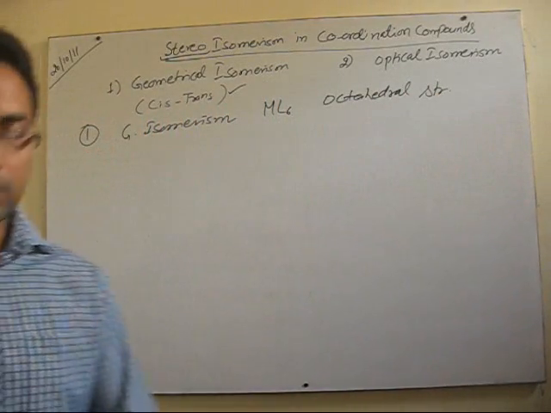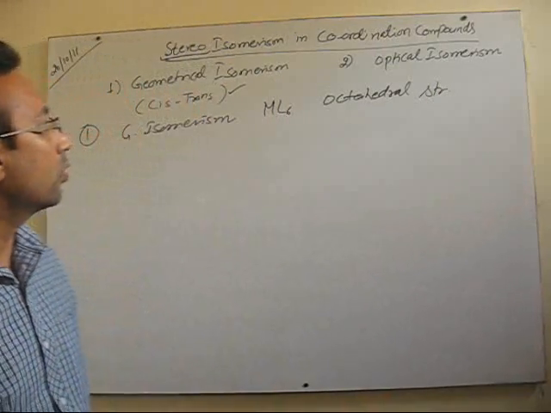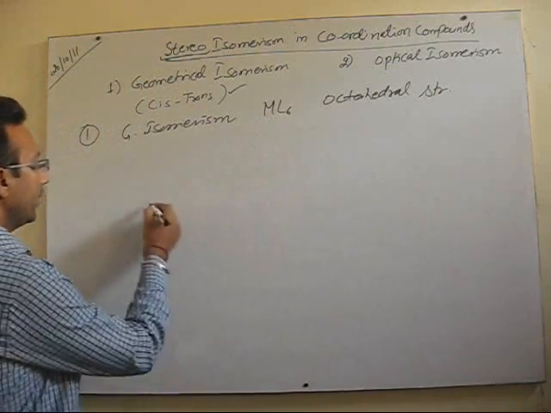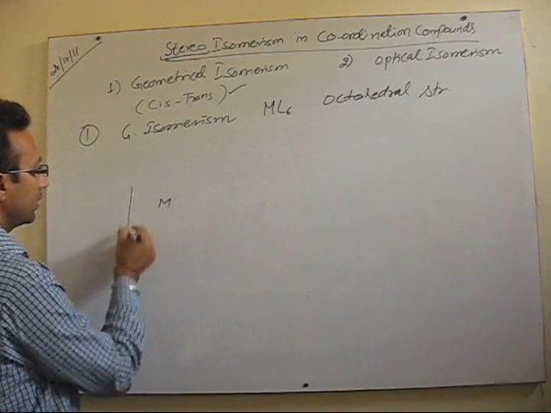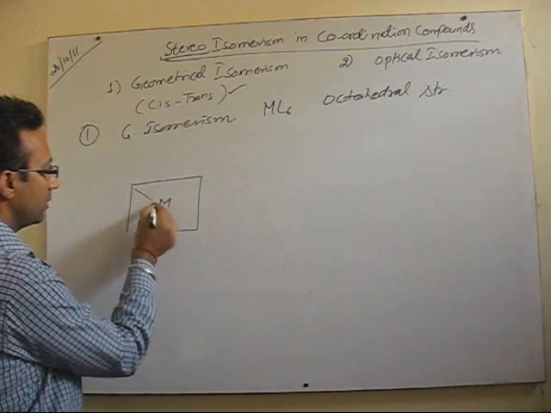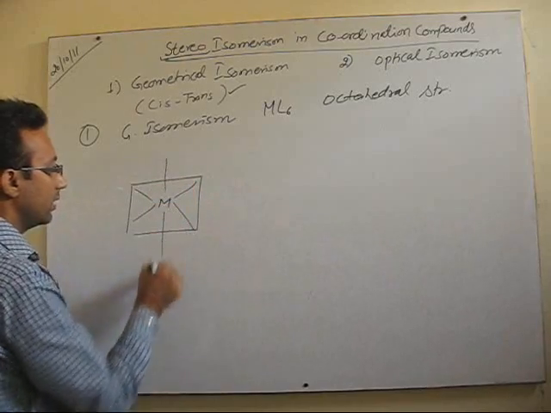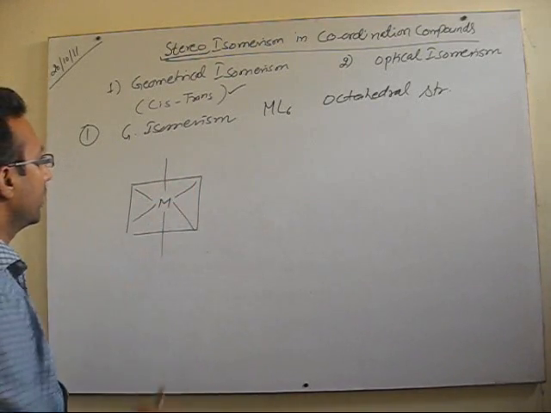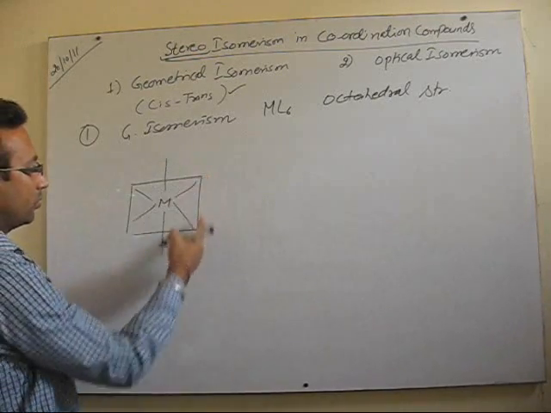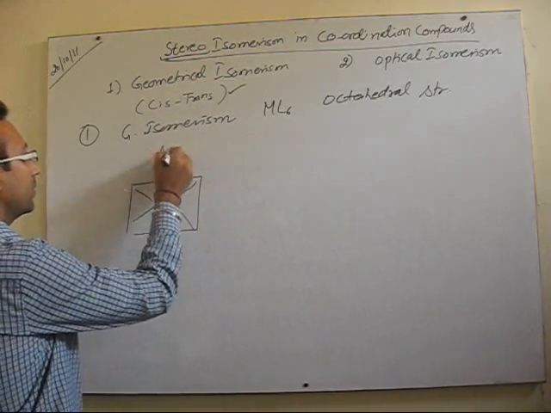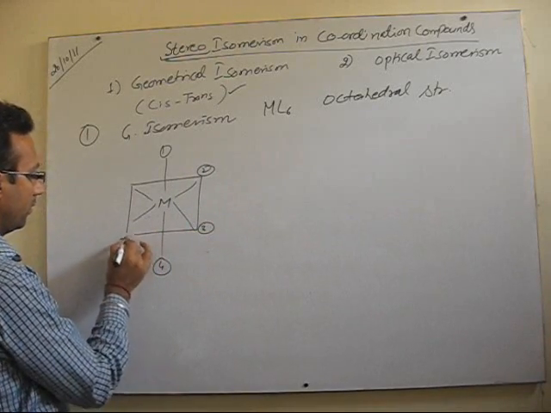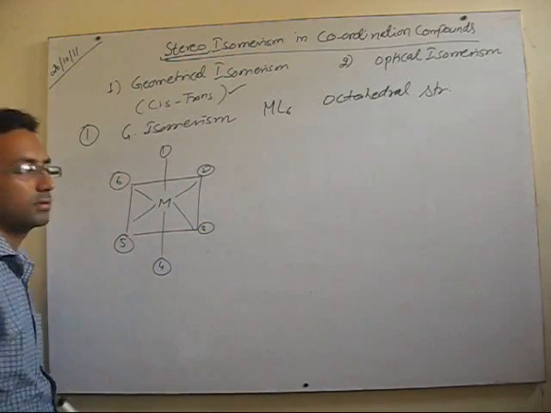There are 6 ligands, or we can simply say coordination number 6 is there around the central metal. Now, to discuss cis and trans isomers in this case, we have to understand the different positions around the metal in an octahedral structure. Now these are the positions 1, 2, 3, 4, 5, 6. Let me number them.